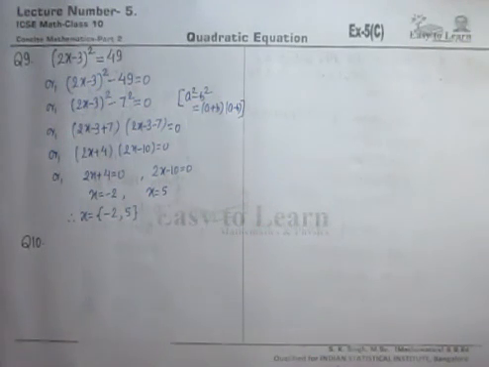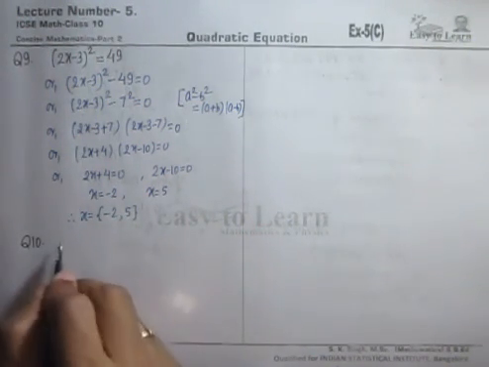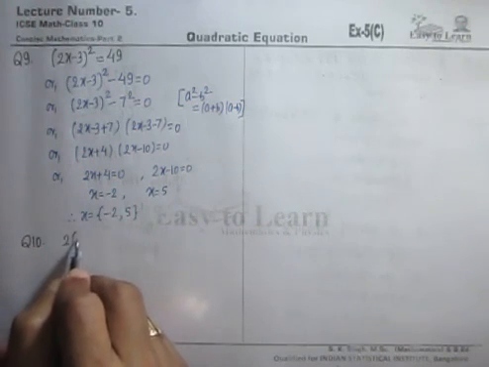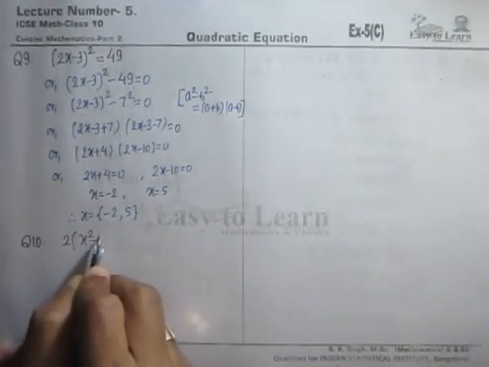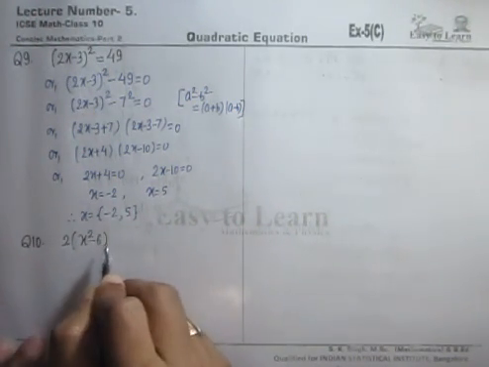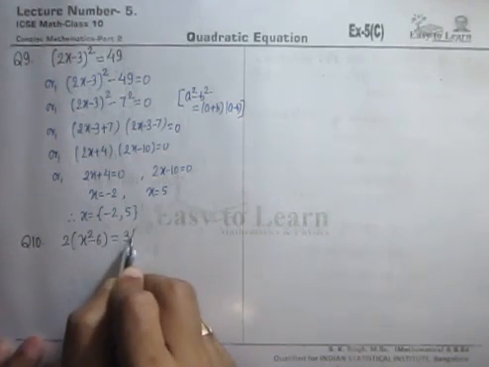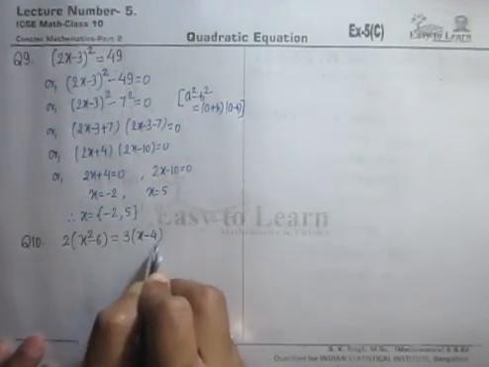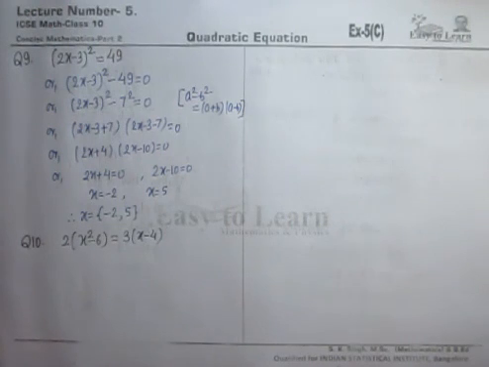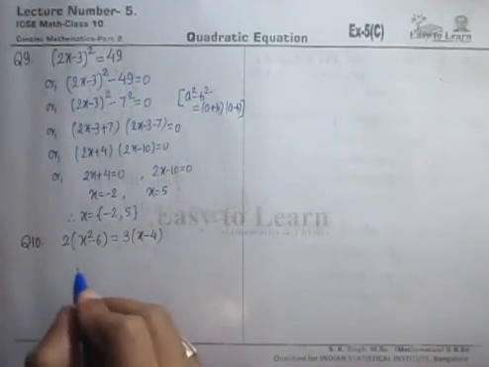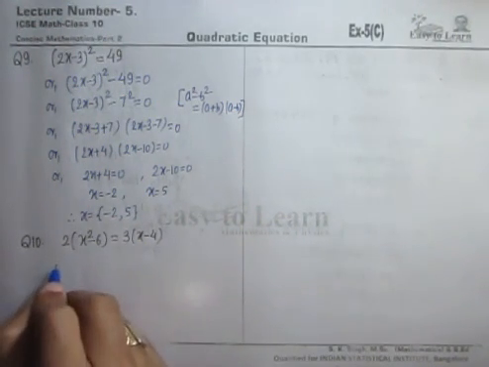So question number 10 is 2 times bracket x square minus 6 is equal to 3 times x minus 4. We have to solve this equation. So first of all, arrange this equation in general form.